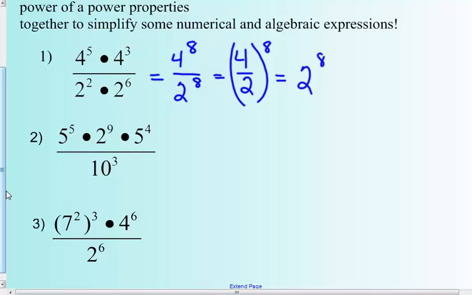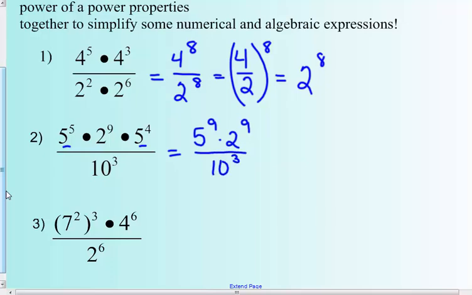Number 2, I have a product of a power here because I have, yes, the same base, 5 and 5. So I'm going to combine those using the product of a power, and that's 5 to the 9th, keep the base, add the exponents, times 2 to the 9th over 10 to the 3rd.